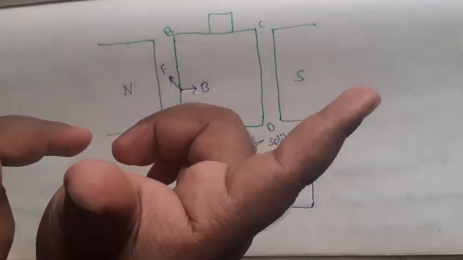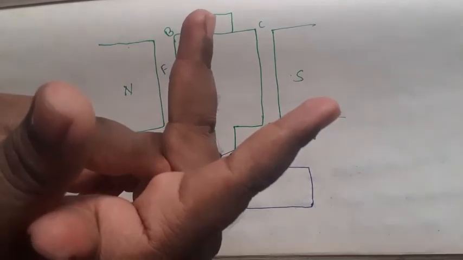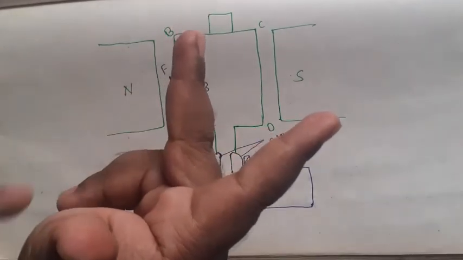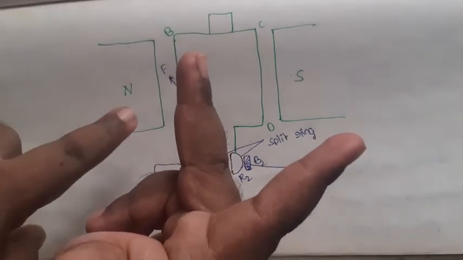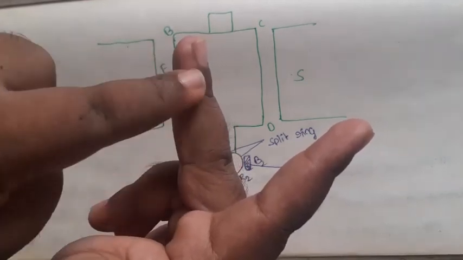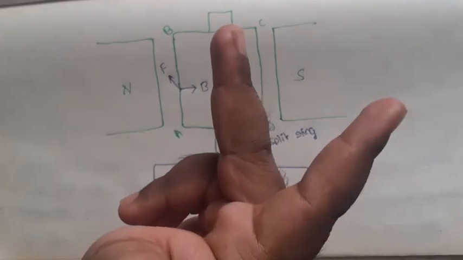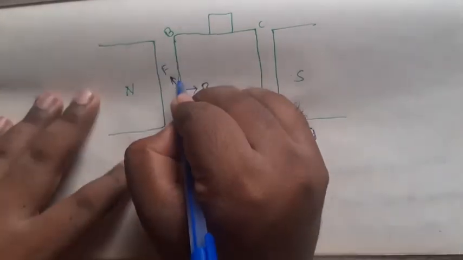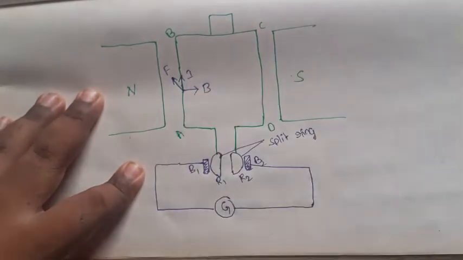Next, the middle finger shows the direction of the induced current, that is upward. So here current flows from A to B, because it is moving upward. This is the direction of the current.